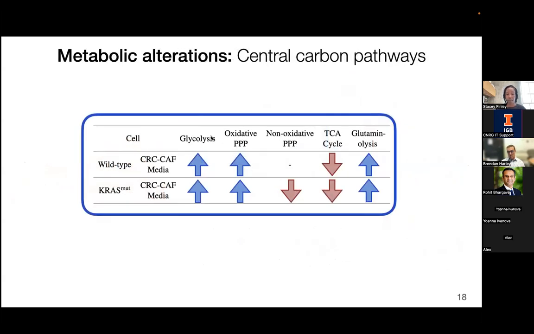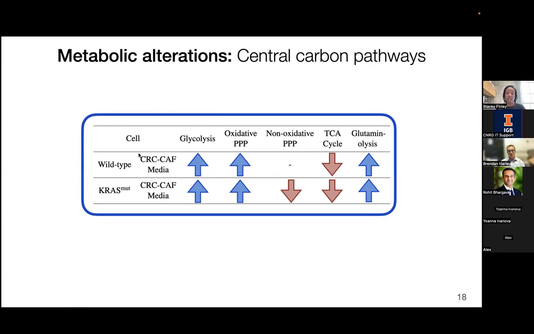So to summarize, we have found both with looking at uptake of glucose and glutamine, but also with a detailed analysis of the flux through these central carbon metabolic pathways, that due to the presence of the CAF conditioned media, we have greater glycolysis, greater flux through the oxidative pentose phosphate pathway, greater flux through the glutaminolysis reactions, and decreased flux through TCA cycle.